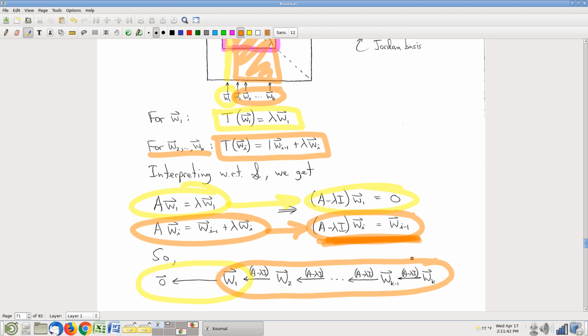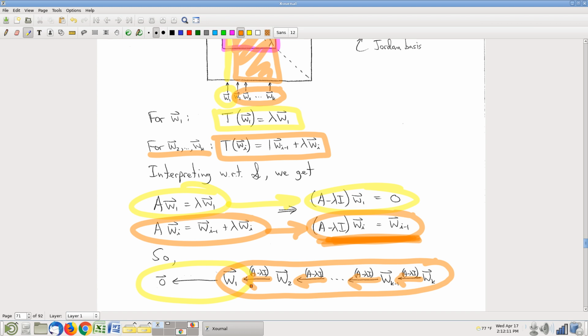Nice and crisp, simple answer. And that's why I have these little arrows moving to the left here. We had put down a list of all the Jordan basis vectors. A minus lambda I just sends you backwards through that list until you get to the eigenvector. And of course, once you get to the eigenvector, the next A minus lambda I sends it to 0.